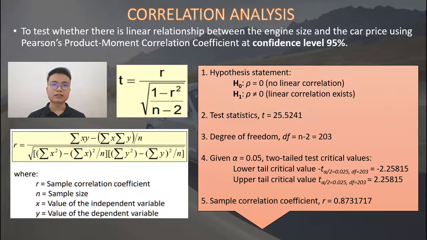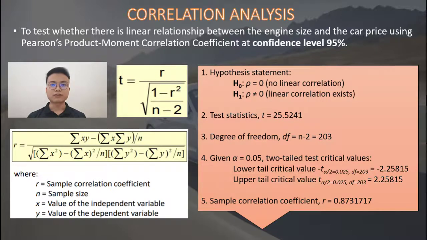Next, we'll find the correlation coefficient R by using the formula as shown, and we'll get R equals 0.8731717. Next, we find our test statistic T by using the formula as shown, and we'll get our test statistic equals 25.5241.